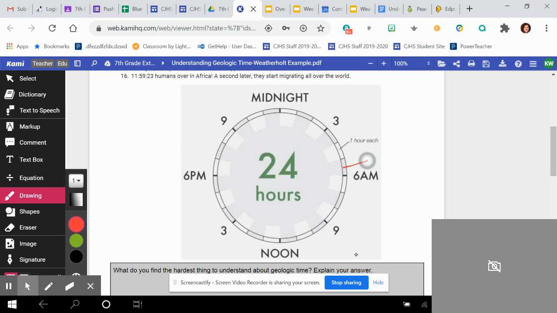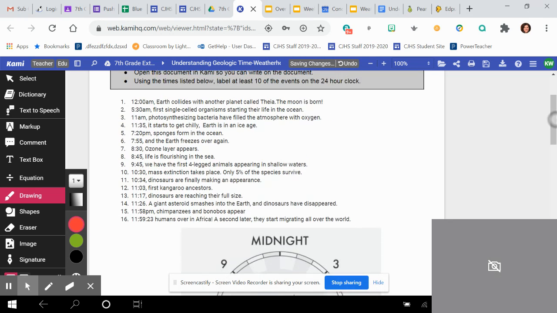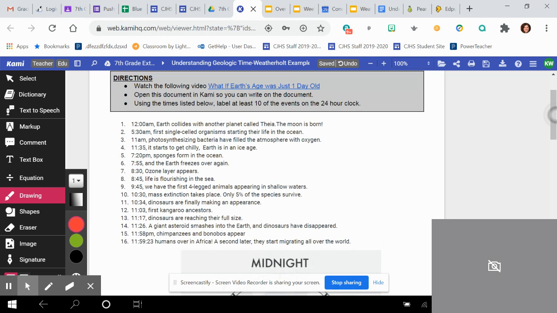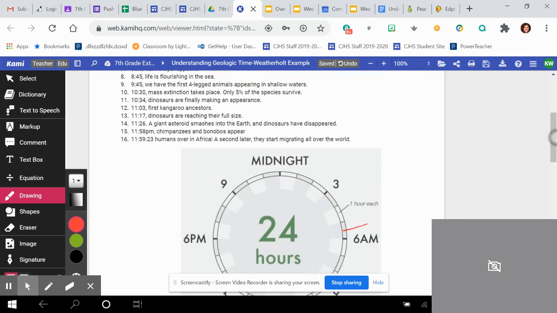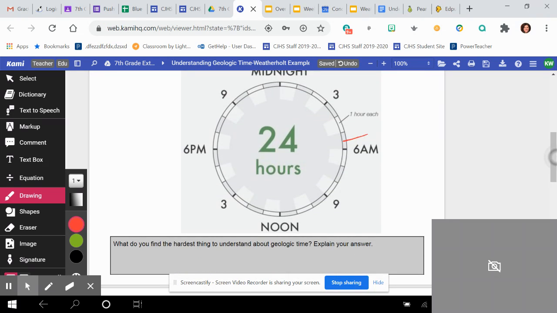I can just draw my line out a little bit. And if we remember, single-celled organisms are in the ocean, so you can abbreviate what's going on here.